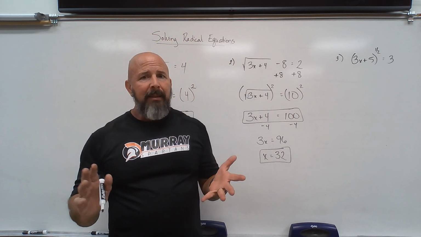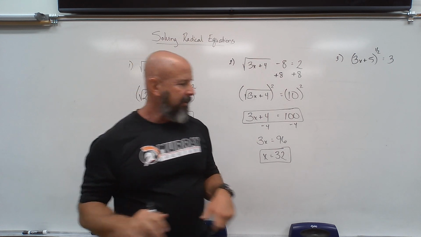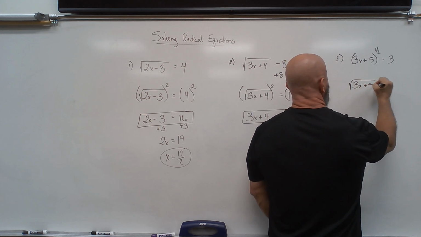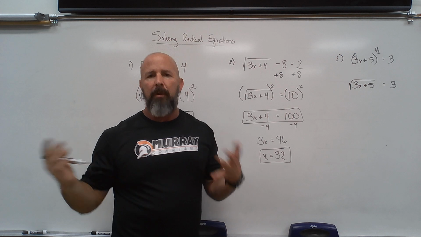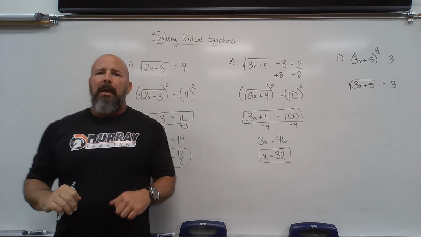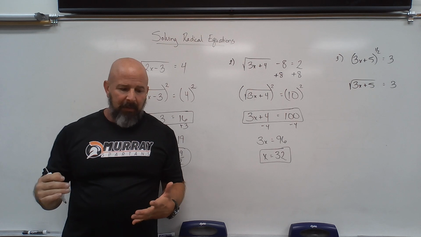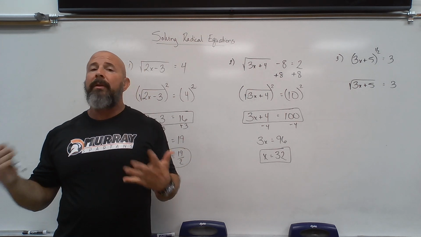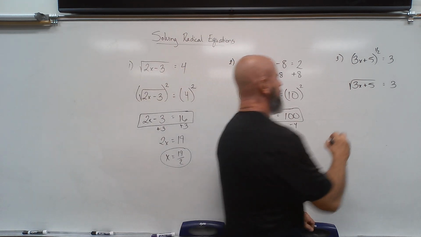If you don't like dealing with the half power, the rational exponent, you can certainly rewrite it with the square root instead of the half power. It's more of just personal preference. If I don't rewrite it, that is fine, but I definitely need to remember, hey, wait a minute, that's a square root. That's going to tell me to square both sides to get rid of this.